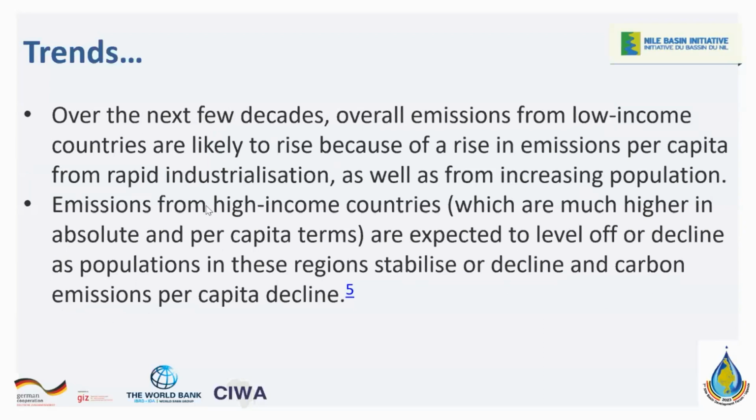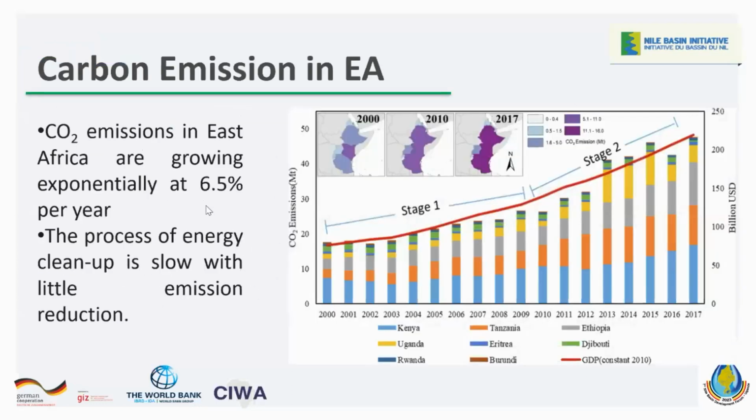Emissions from high-income countries are expected to level off or decline as population in these regions stabilizes or declines, and carbon emissions per capita will decline because of the aging population. In the East Africa region, our emissions are growing exponentially. The process of energy cleanup is low with little emission reduction. Next.